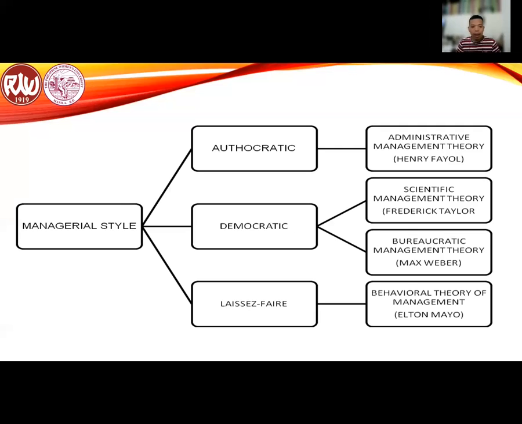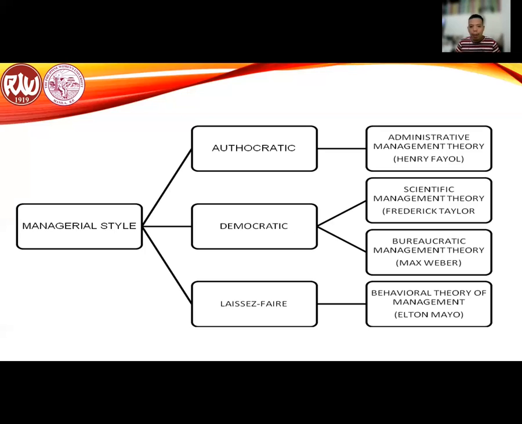One here is the autocratic, democratic, and laissez-faire. Autocratic style is a style which we can glean from the administrative management theory by Henri Fayol.